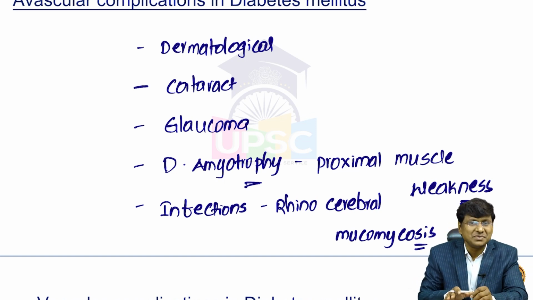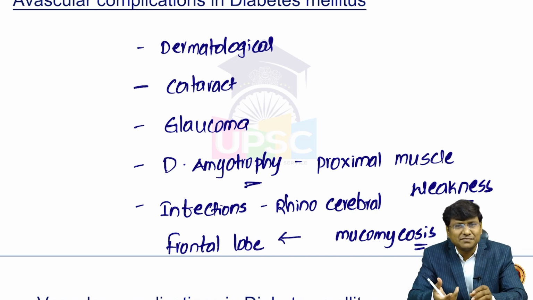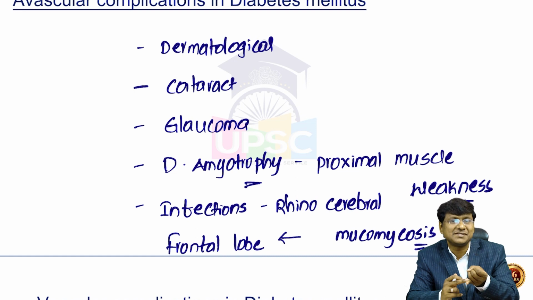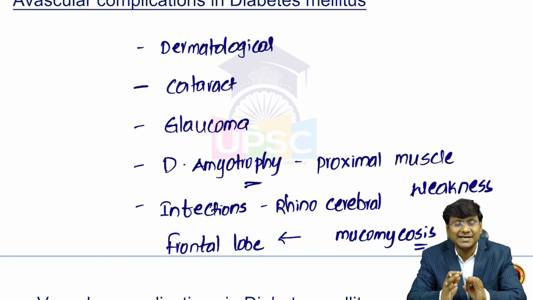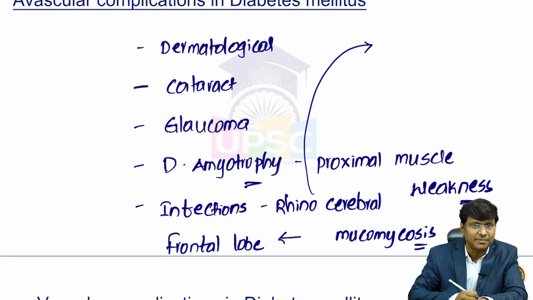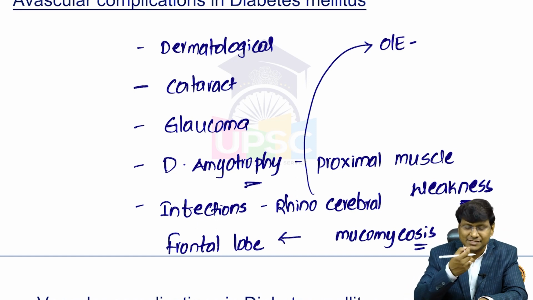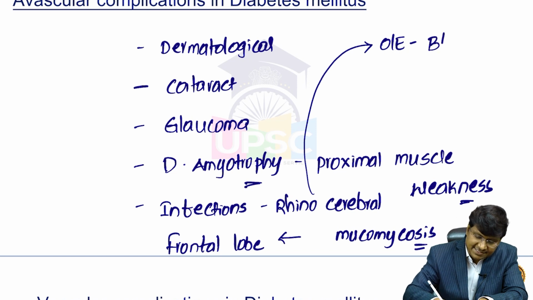So in case of rhinocerebral mucormycosis, these patients have the involvement of the frontal lobe. And because of this, the patients will have clinical features like aggressiveness and antisocial behavior. And in case of rhinocerebral mucormycosis, on examination, you will notice the presence of black nasal discharge.